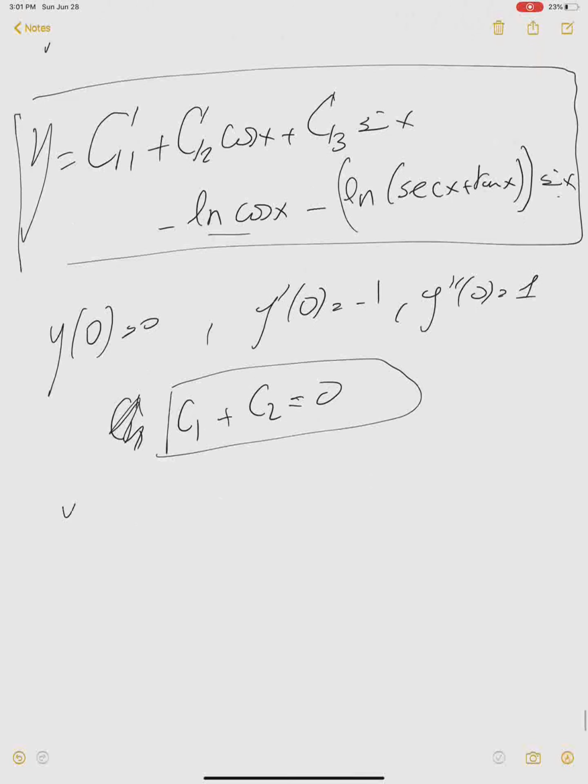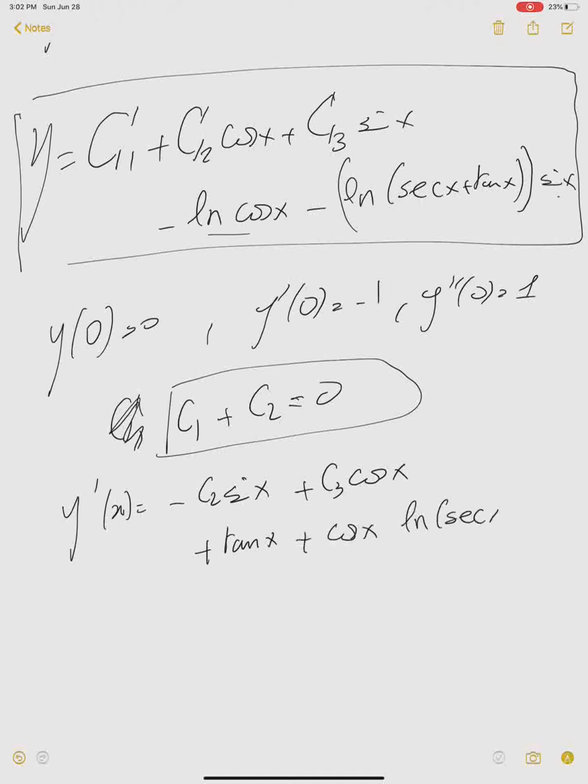What about y prime of x? So y prime of x is minus C2 sine x plus C3 cosine x. Now minus log, the derivative of log cosine x is tangent x, okay, plus cosine x times the log of secant x plus tangent x.